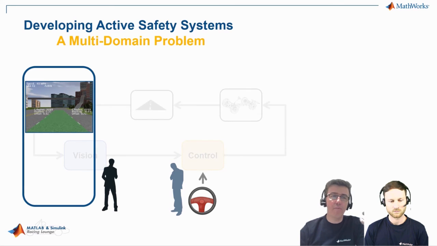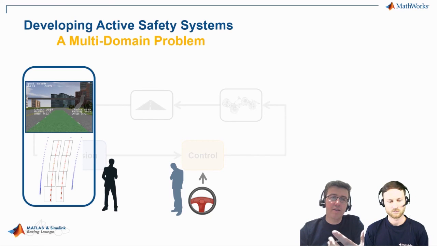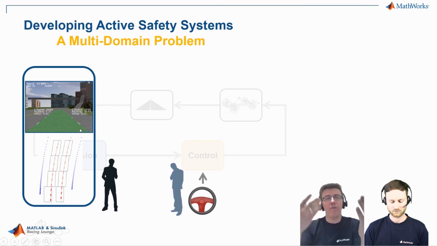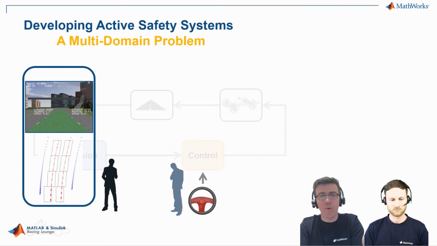The first part of the team will probably work with a script language like MATLAB or C, and will take an input from an image and analyze this image to understand, for example, what are the lanes that I have in front of me and what is my position on the road.